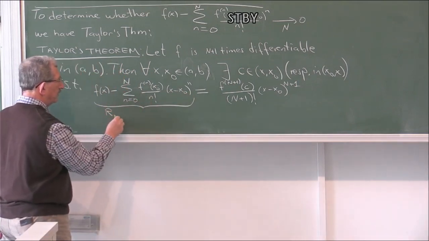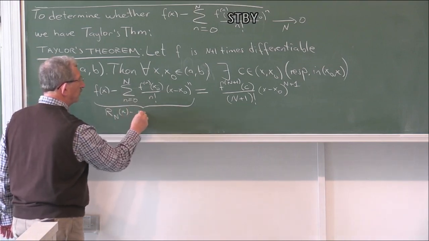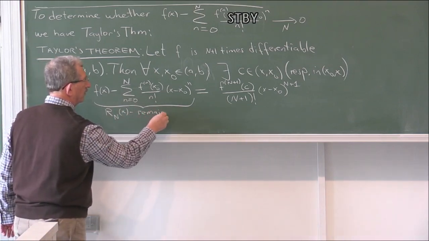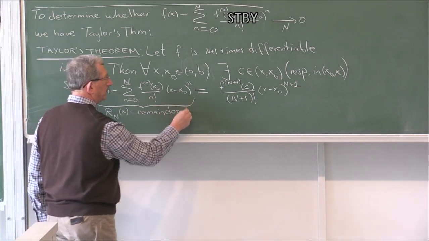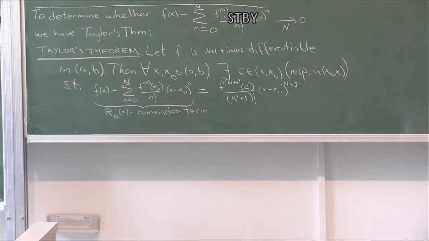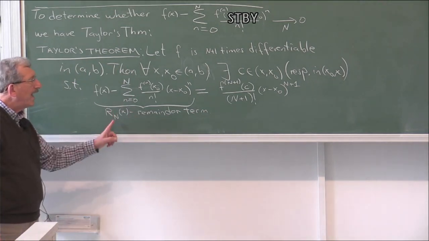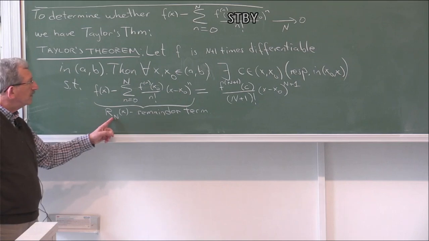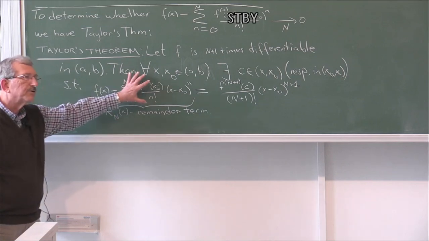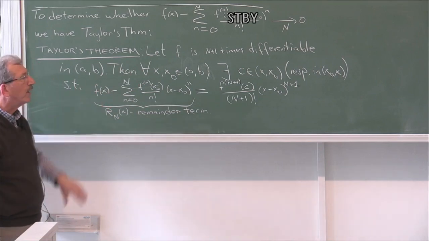This term, usually denoted as Rn(x), is the so-called remainder term. Now, if this term goes to 0 when n approaches infinity, we have the infinite Taylor series equal to f of x. So this solves the problem.